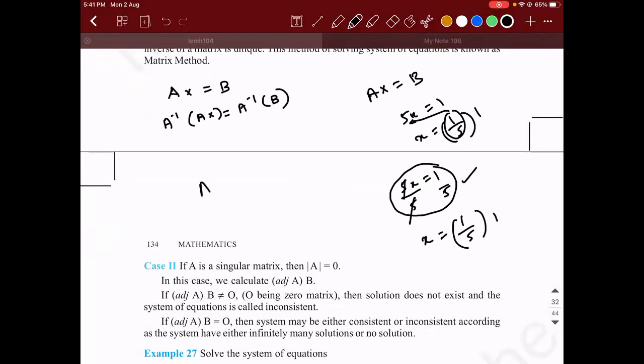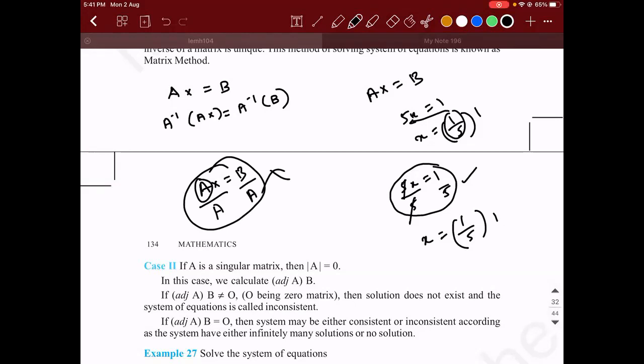But in AX is equal to B, there is no such operation where A can be taken to the other side. You can take any number to the other side only if it is a non-zero number. There is nothing like non-zero for matrices; you have a zero matrix, but it is not a number that you can take to the other side. If I am able to do something like this, then what you're saying is right. But this kind of operation does not exist.